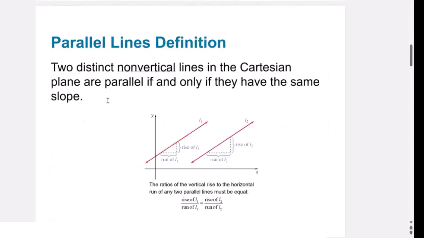All right, so let's talk about what a parallel line is. Two distinct non-vertical lines in the Cartesian plane are parallel if and only if they have the same slope. So that's a good mathematical definition, but it's not necessarily something you would understand if you didn't understand the math words. So basically, think of two lines that never touch, something like railroad tracks.